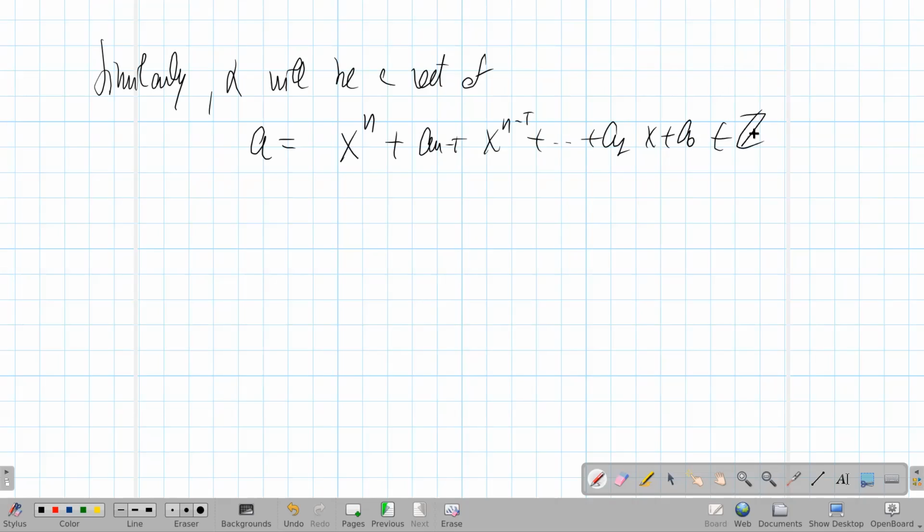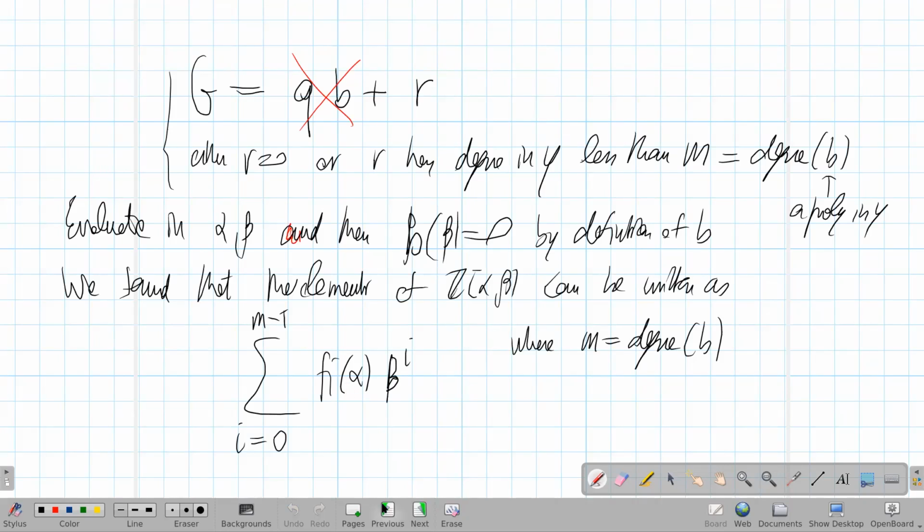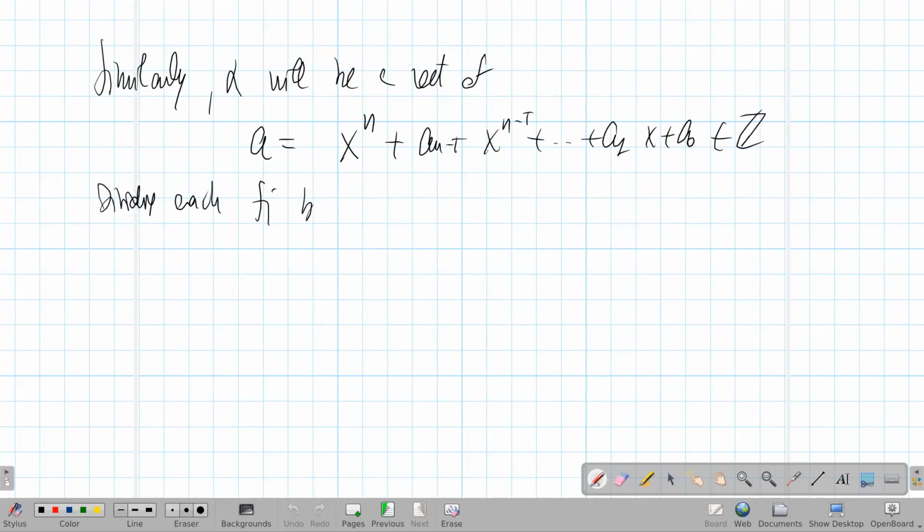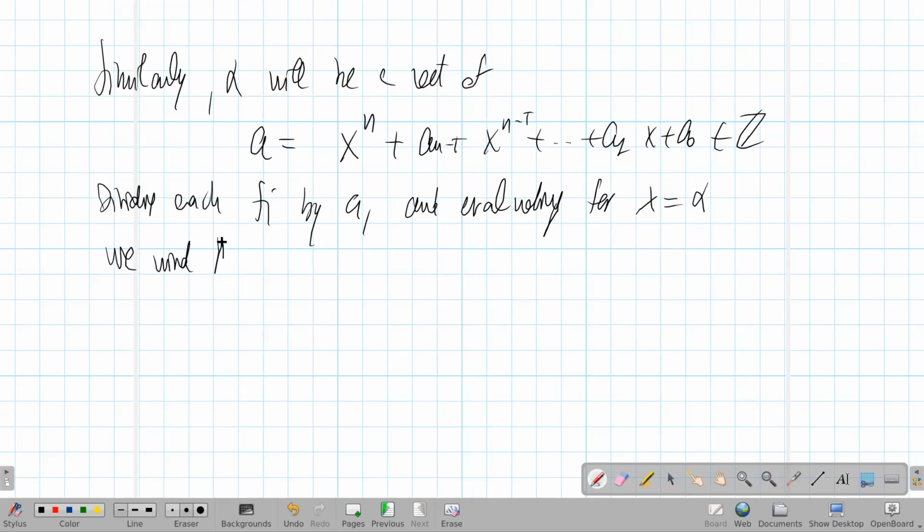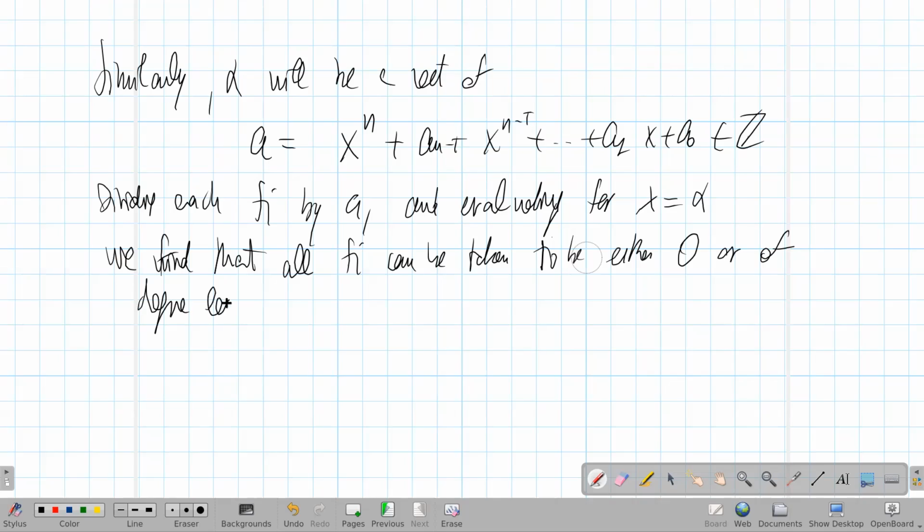With integer coefficients, and dividing each Fi, I mean this thing here, which used to be polynomials in X, by A, and evaluating for X equal alpha, we find that all Fi can be taken either 0 or of degree less than n.